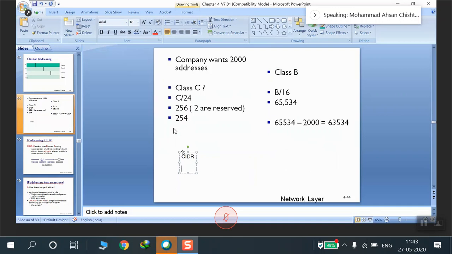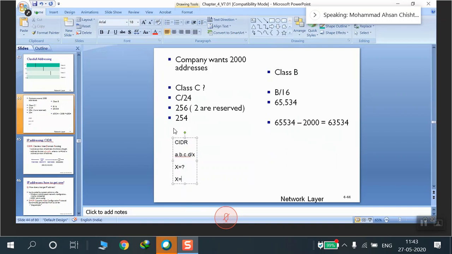In this case, we would have a.b.c.d/x. So how much should this x be here? That's the question. x should denote our leading bits. The organization needs 2000 IP addresses. How many would we allocate?